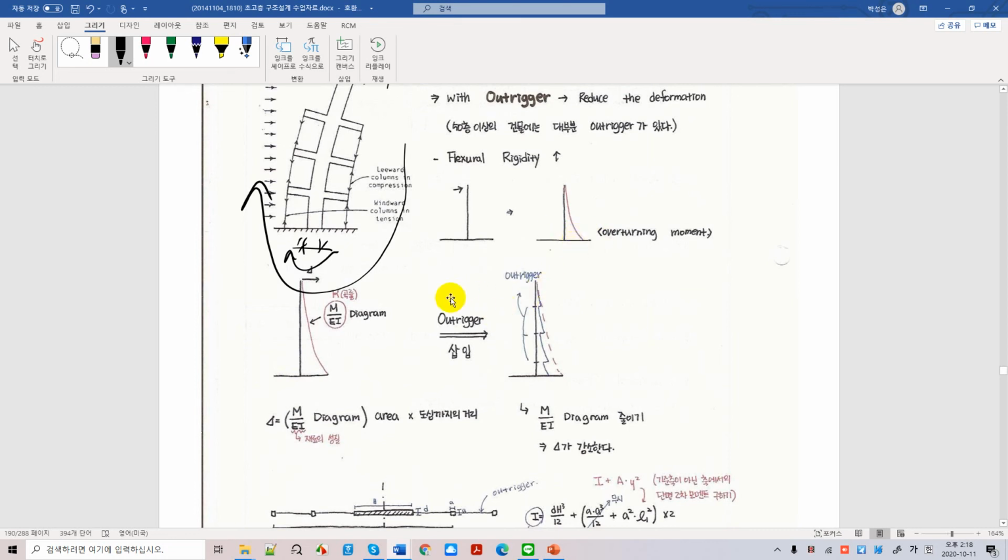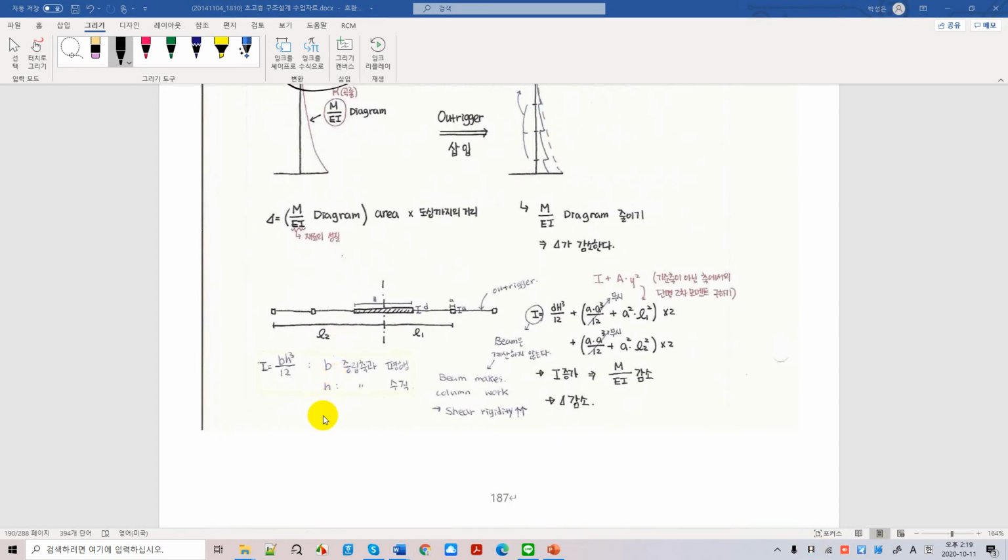If you put outrigger frames over there, your overturning moment decreases like this. So it can be compared with the overturning moment without outrigger. So your overturning moment decreases so that everything decreases. Deflection decreases, your stress decreases, which is good news for engineers.